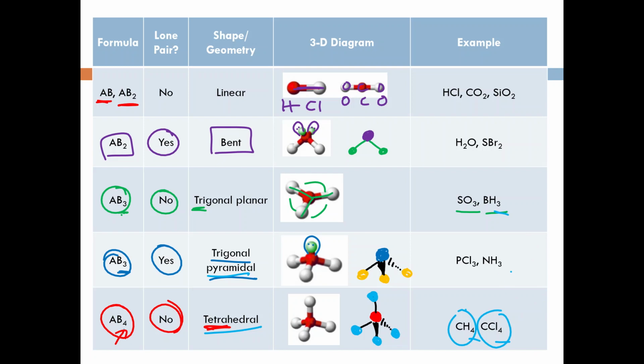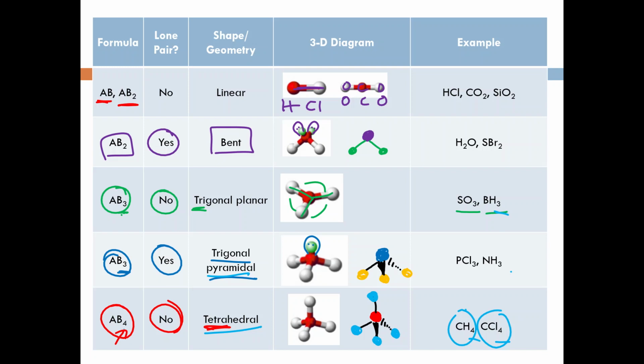The linear will not have lone pairs, but the bent will have lone pairs. So pay attention to that, and when I say will have lone pairs, I'm talking about on the central atom, okay? We're talking about how many atoms are bonded and how many lone pairs are on the central atom will determine the shape.